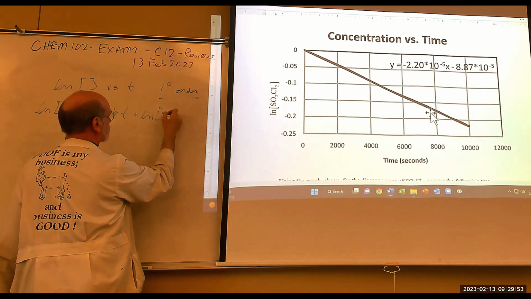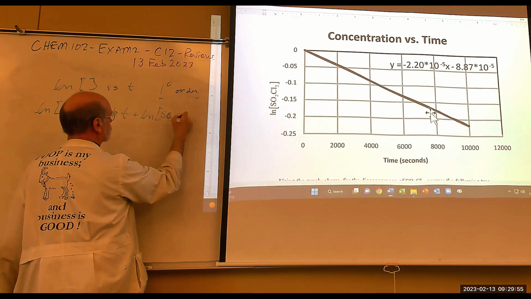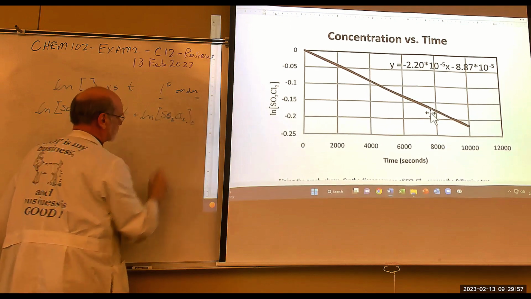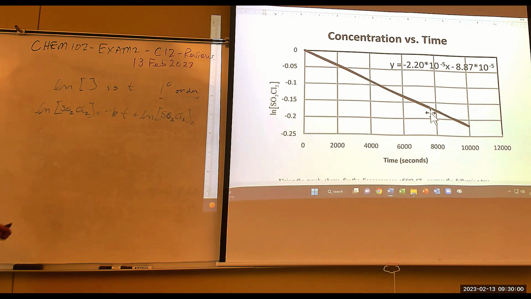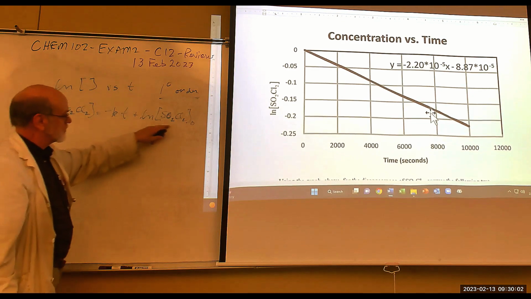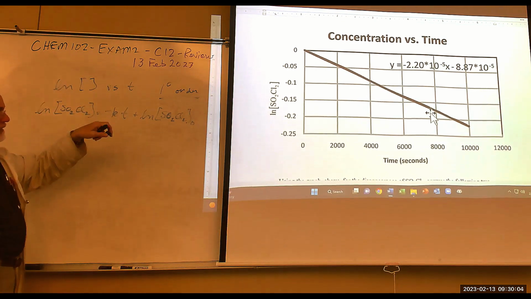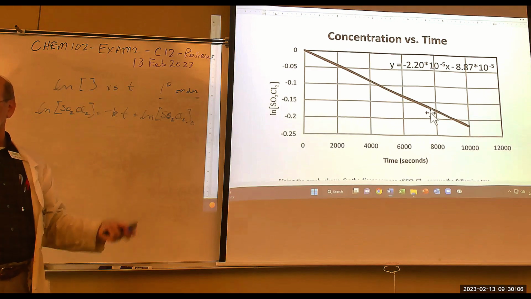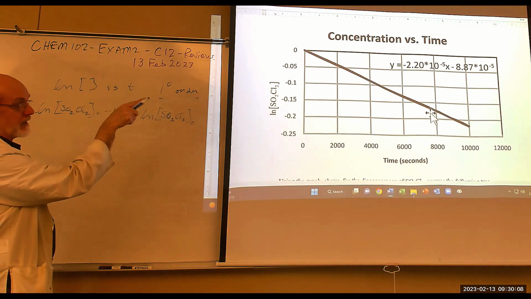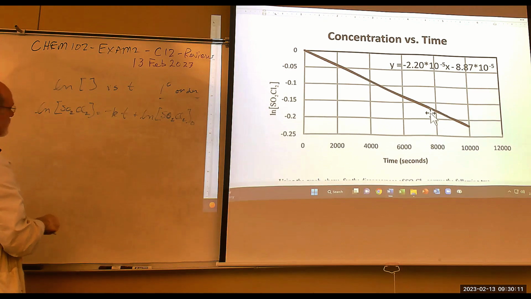Yeah, that's an O. It's an oxygen. Right. So this format is a straight line with a negative slope. Okay, yeah, we got a negative slope. That checks. Okay.